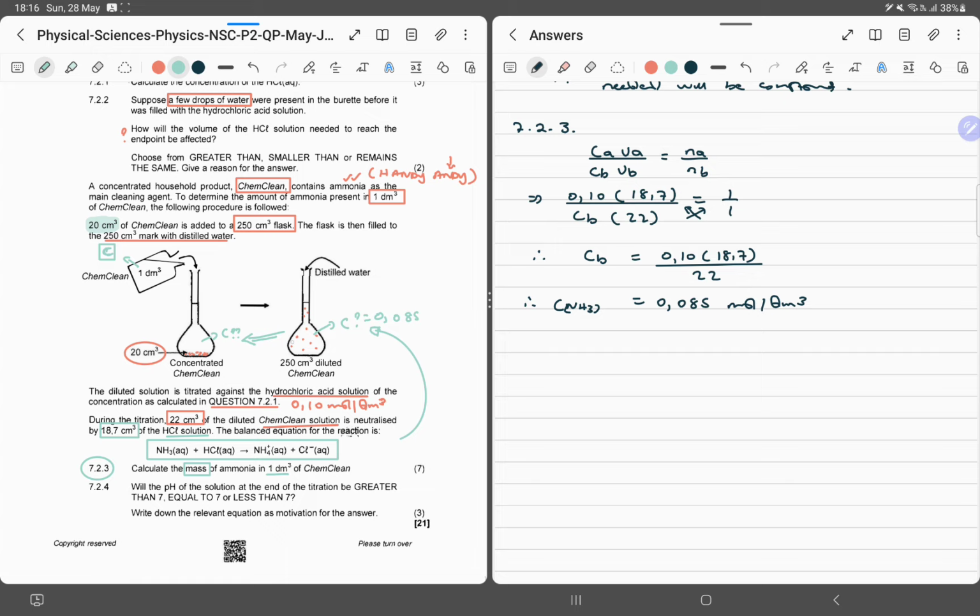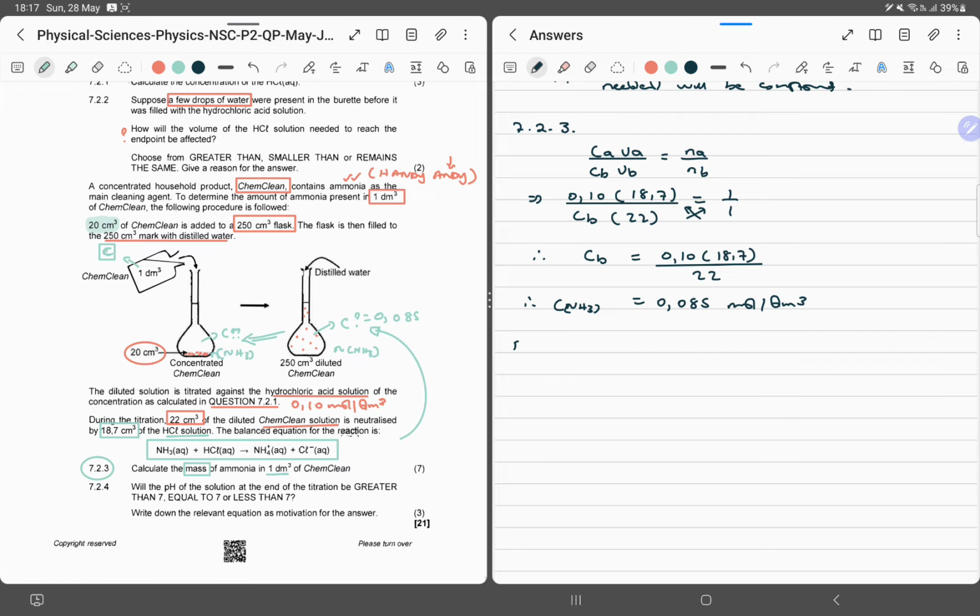So now that we understand, we now want to say what was the original concentration of that 20 centimeter cubed. What we know is that the number of moles of ammonia didn't change because we used the same. So we know that the number of moles of NH3 is going to be the same as the number of moles of NH3 there as well, because that is the same amount that we used. We just added water, that's all.